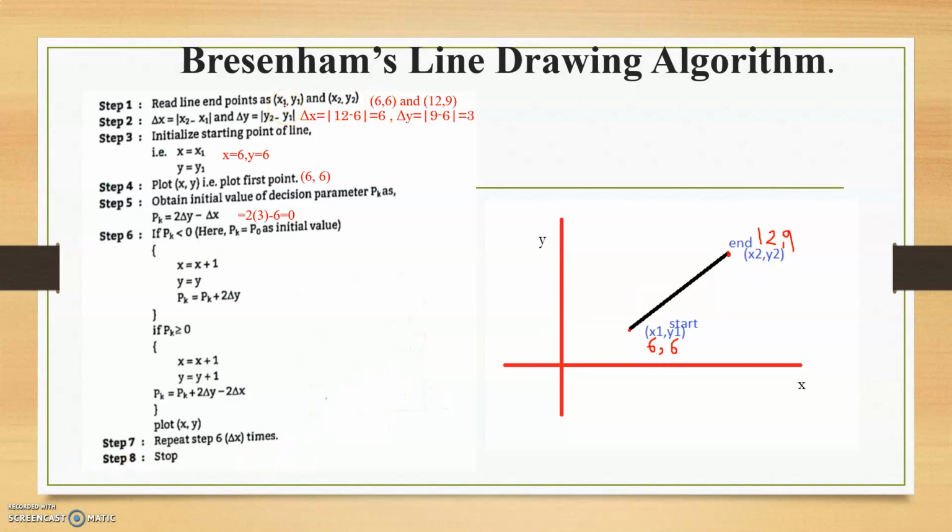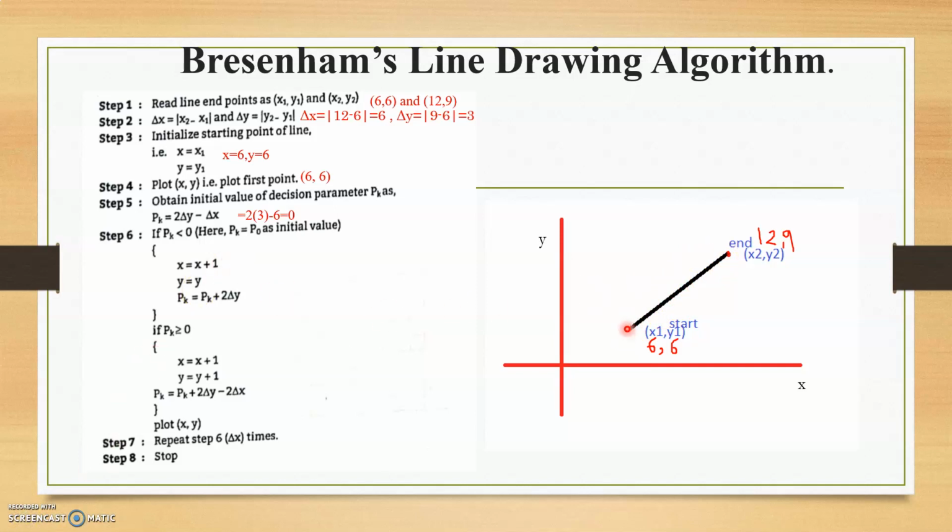Here your x1 is 6 and y1 is 6, x2 is 12 and y2 is 9. In this algorithm, we do the same as in the DDA algorithm. The starting point and ending point are given and you have to find the intermediate points of the line.